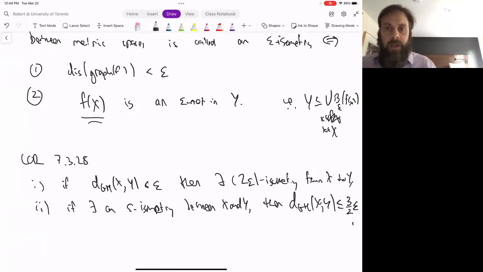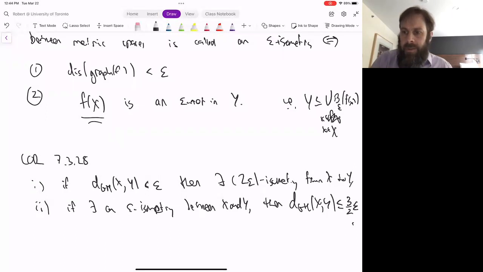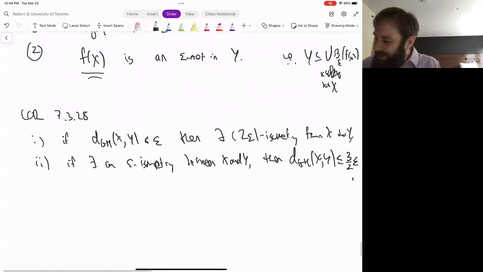Both of these facts basically follow from the preceding theorem. So let me do the proof because it's cute.